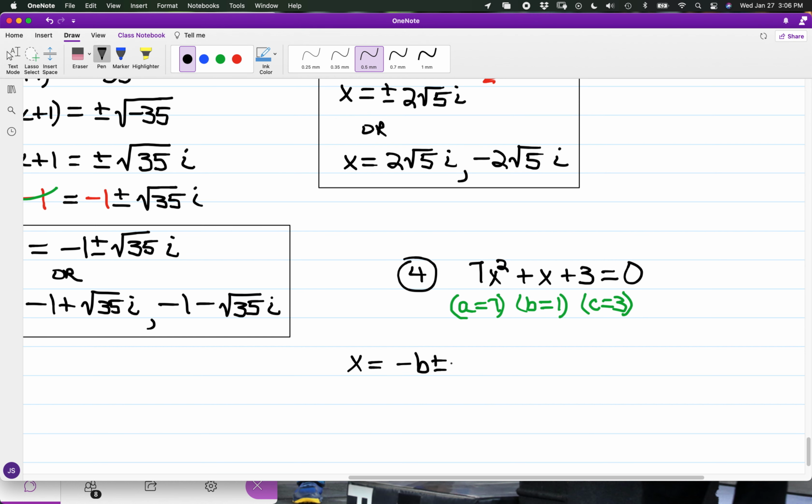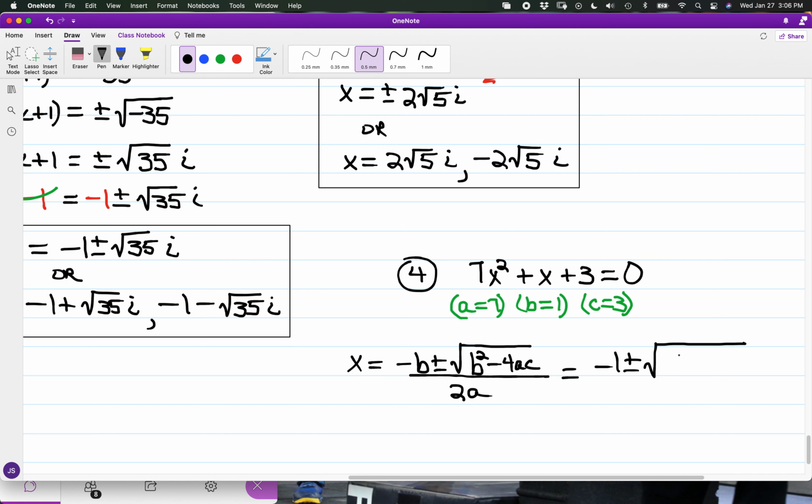And we have with the quadratic formula, we see we have negative b plus or minus the square root of b squared minus 4ac, all over 2a. So for negative b, I have negative 1 plus or minus the square root.